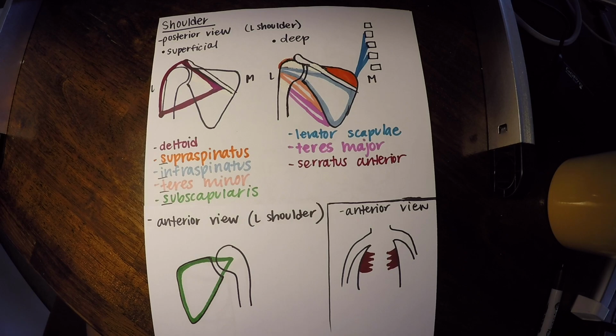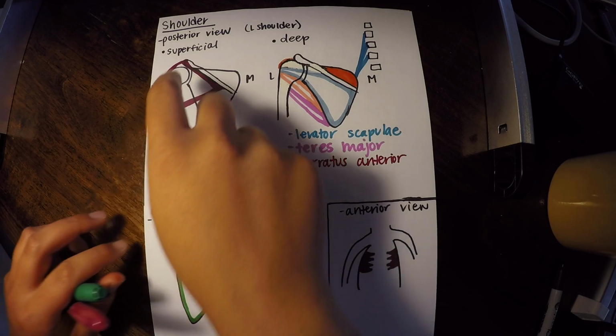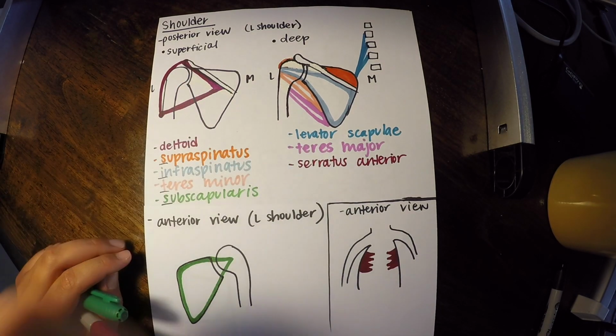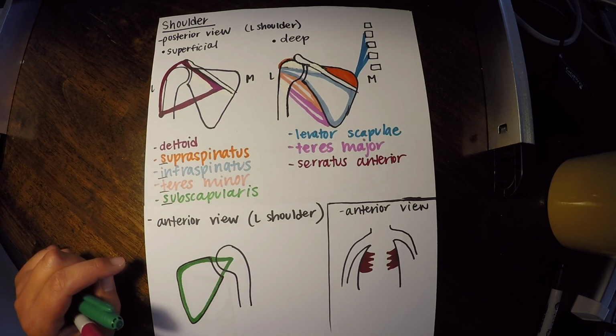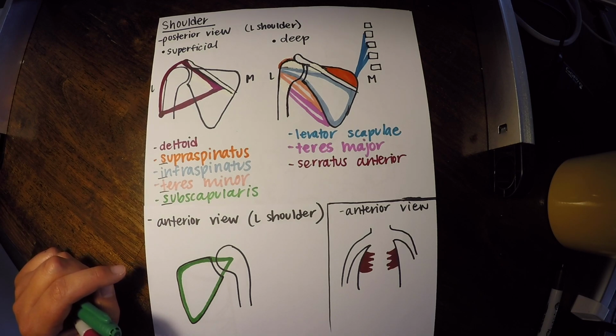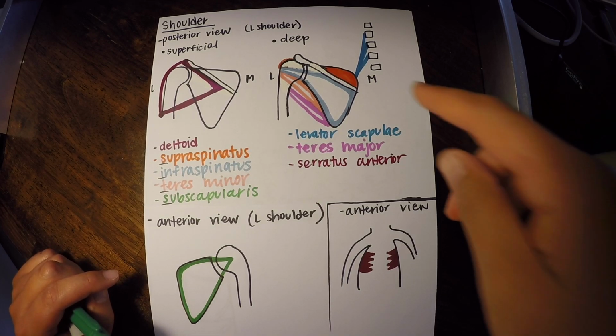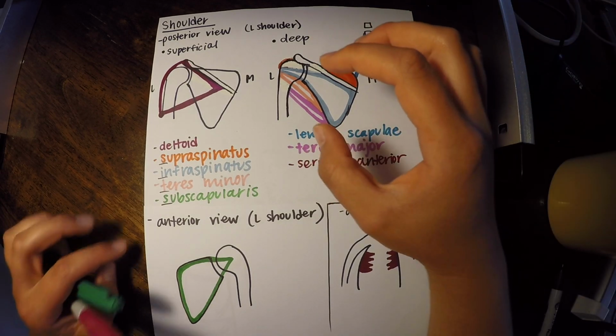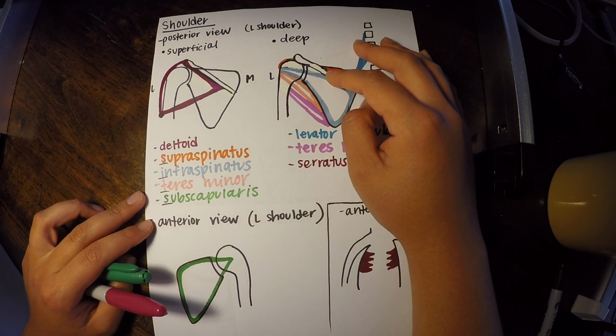Okay, so it's inherently very unstable just because the glenoid fossa is not very big compared to the size of the humerus. So it's really important for us to have ligamentous stability in a joint capsule. Remember, we learned that those synovial joints have a good joint capsule, but it's also important in terms of stability for rotator cuff muscles here to help hold the shoulder joint together.